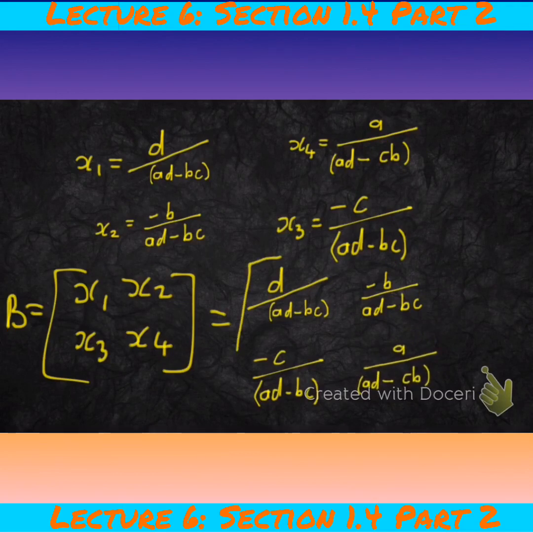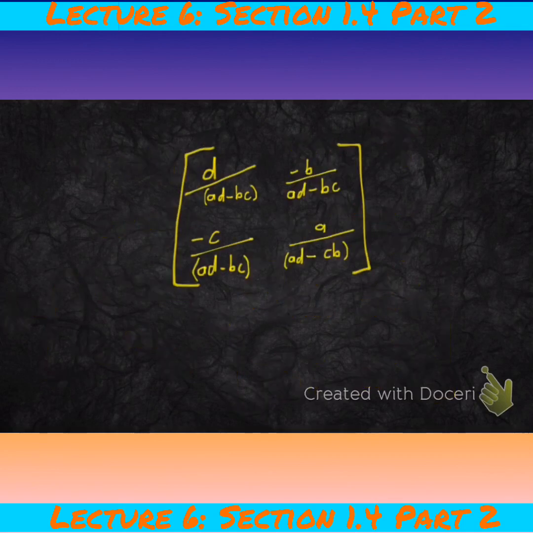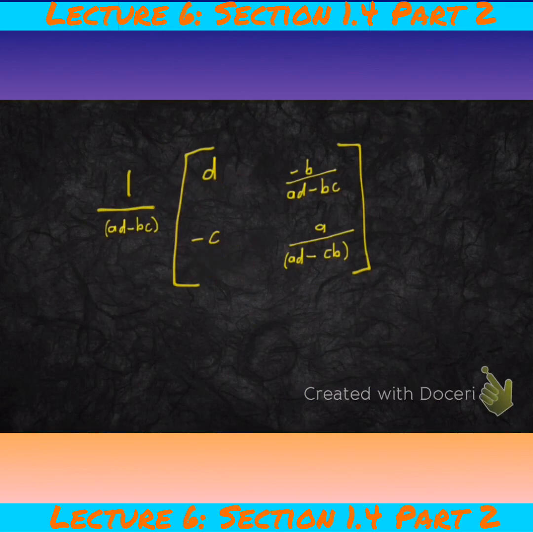Right. So simplifying, that matrix can actually be written as, take that term out, and what we basically do is we delete that, we delete that, and we delete that.